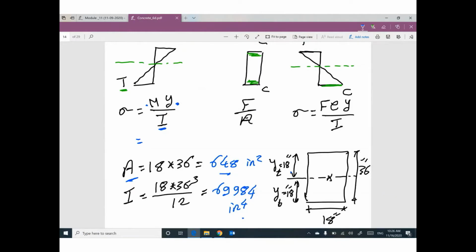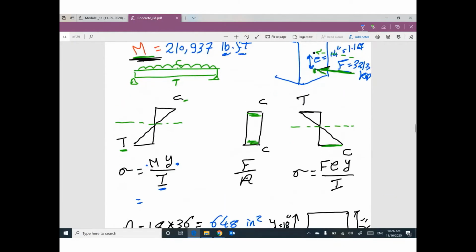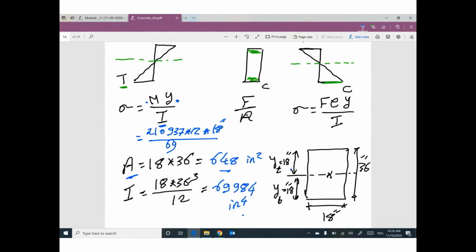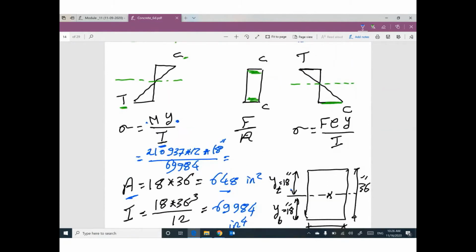So M will be 210,937 times 12 to be pound inch, time Y 18 inch, divide I 69,984. So the two stresses will be equal.